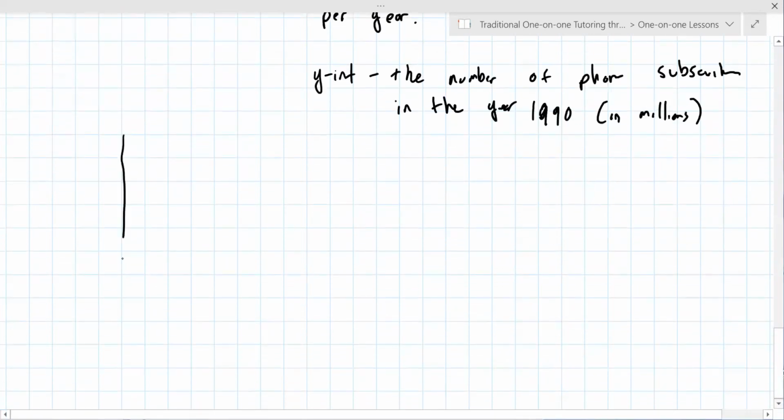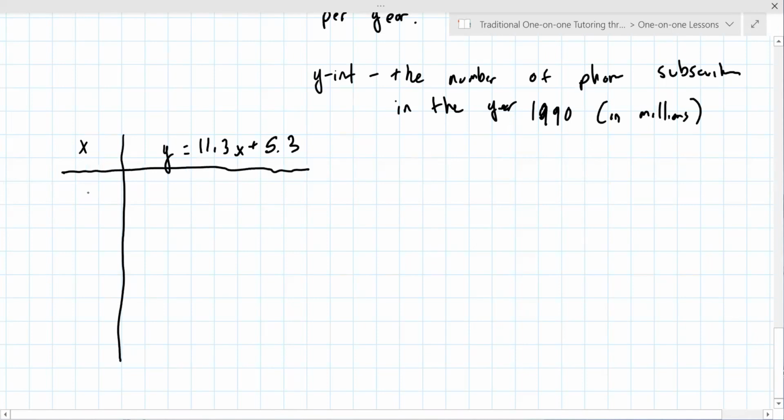So you have your X values and your Y values. Y equals 11.3X plus 5.3. And they're saying to put the X value of 0 in and get the Y value out. So you take 11.3 times 0 plus 5.3 and you get 5.3.